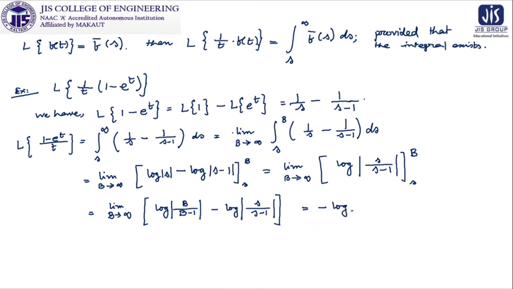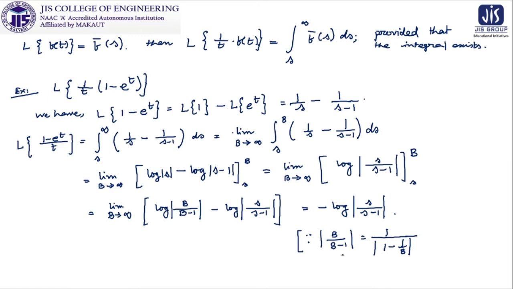minus log of mod of s by s minus 1, because we have to mention that mod b by b minus 1 can be written as 1 by mod 1 minus 1 by b. Yes or no?